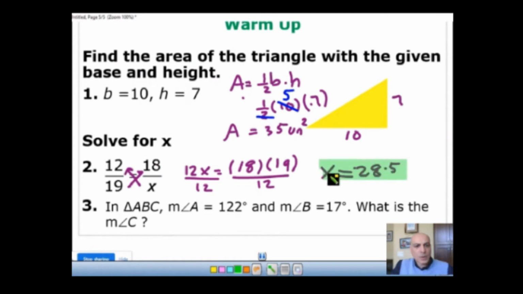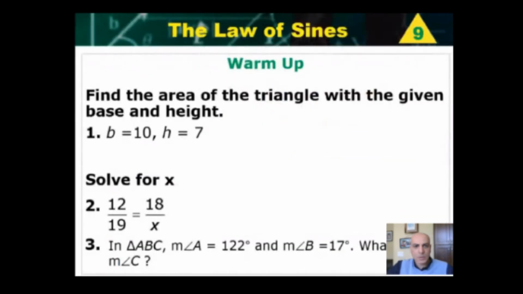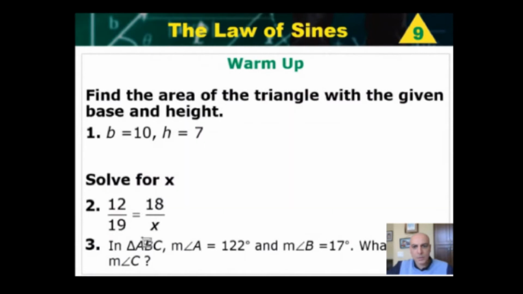It says in triangle ABC, we have the measure of angle A. Let me see, how can I do this better? Let me take this on a new page. I'm going to put it in the middle here.